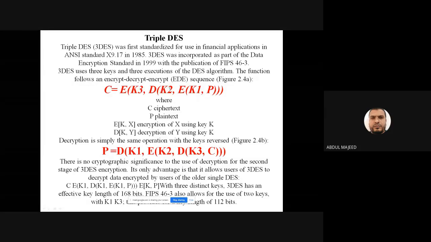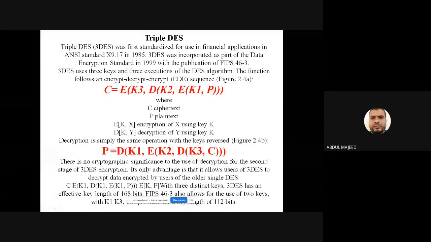K2 we are applying here, so it will produce some different output. That output we then apply with K3 for the encryption process, and you will get the final ciphertext, that is C. So you need to remember this diagram, as well as this equation.